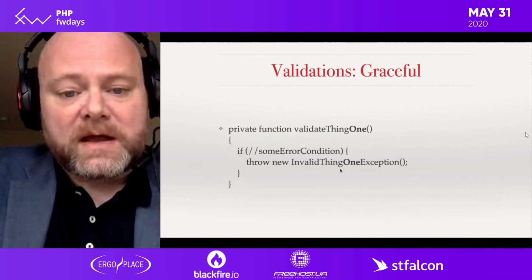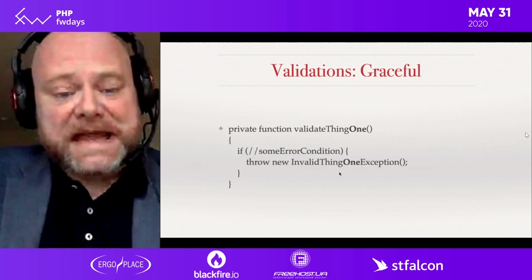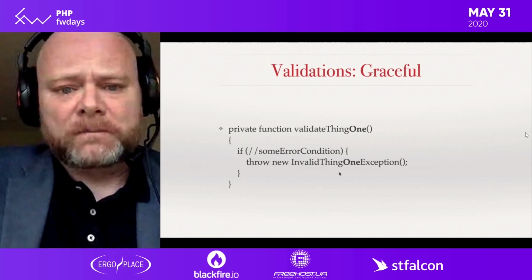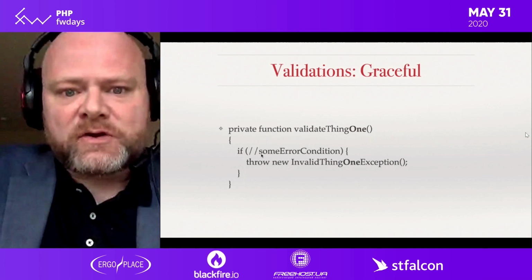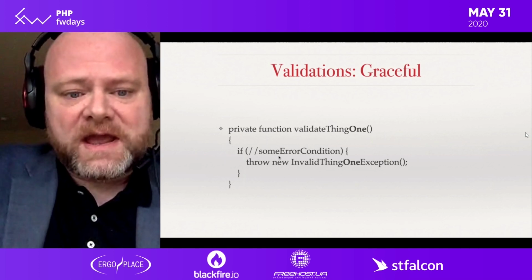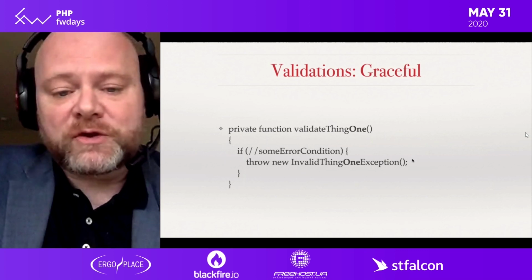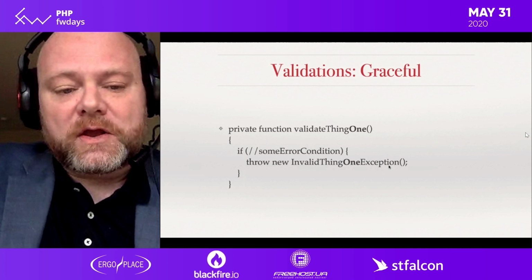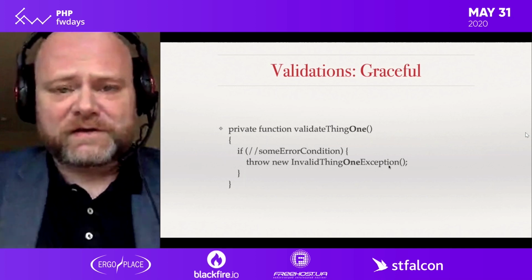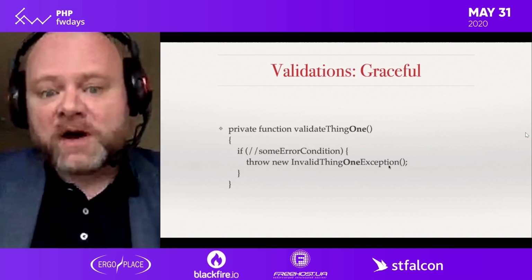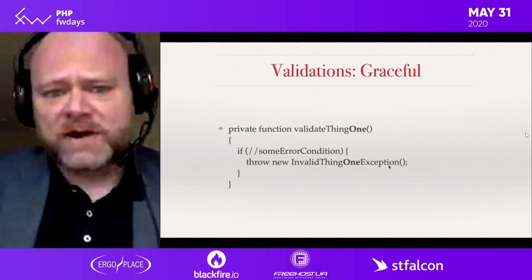And the nice thing is the individual validation methods also look better. Now your validation method can just say, if some error condition happens, then throw a new exception. You no longer have that if-else statement, or you no longer have to do a return and then not some error condition, which is a bit counterintuitive.